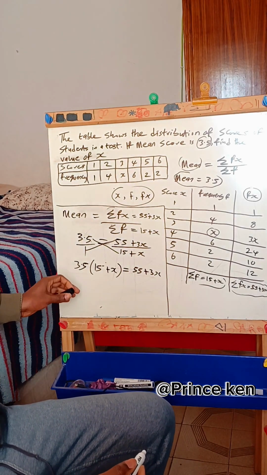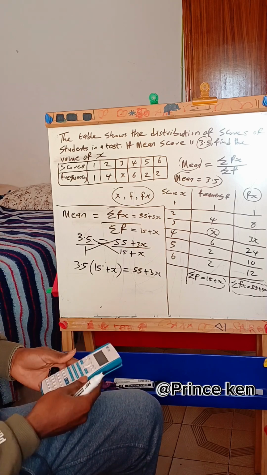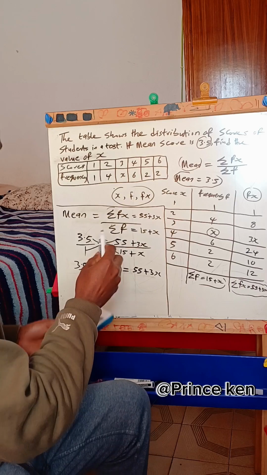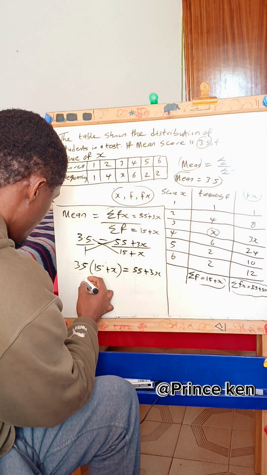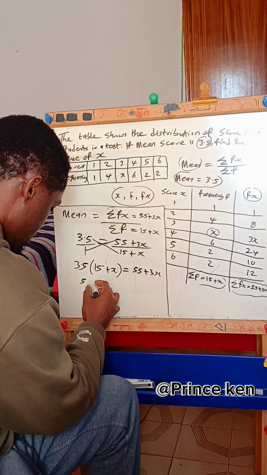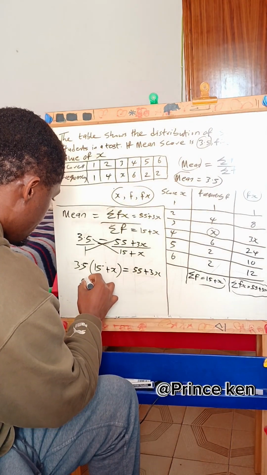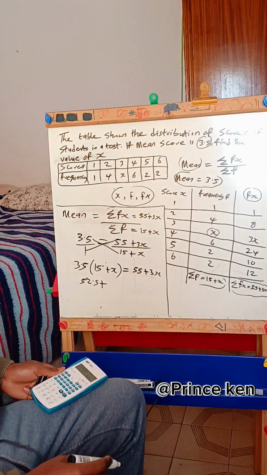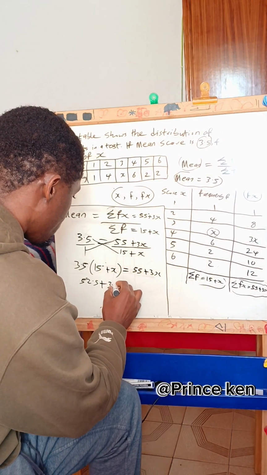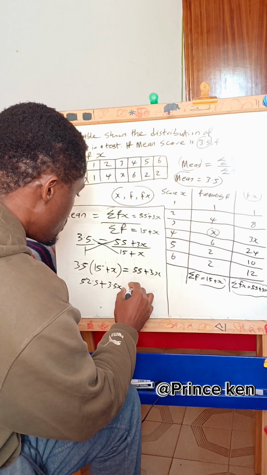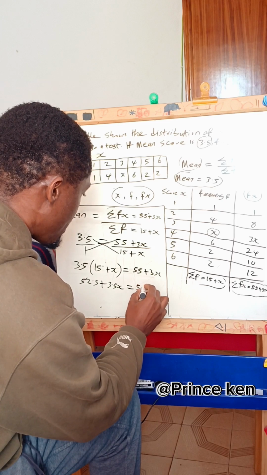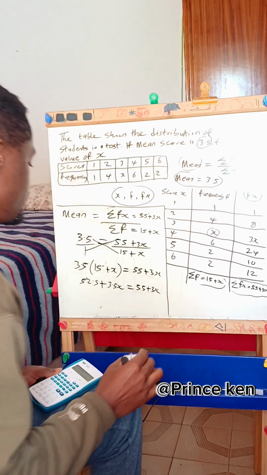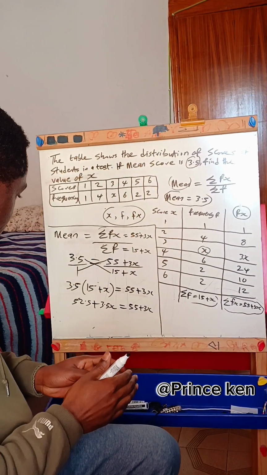Okay, now 3.5 times 15 will give you 52.5, plus 3.5 times x will give you 3.5x, which is equal to 55 plus 3x. Okay, you have to collect the like terms.